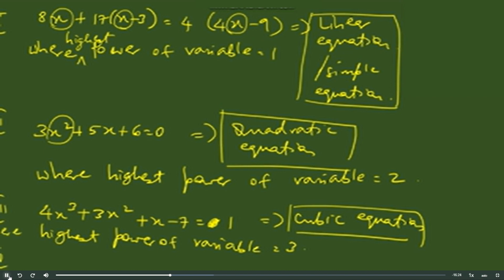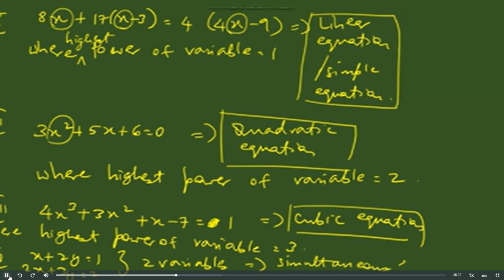There is one more type which is x + 2y = 1, 2x + 3y = 2. Now in this type of equation there are two variables. It is called, jointly, simultaneous equations. There are two variables, x and y.